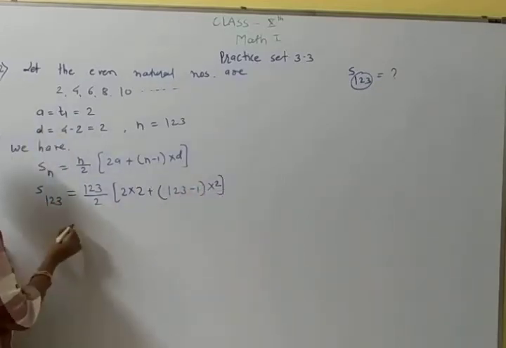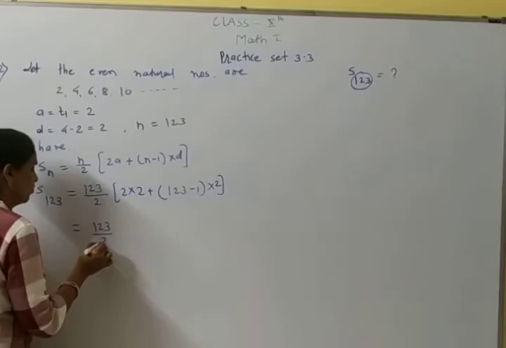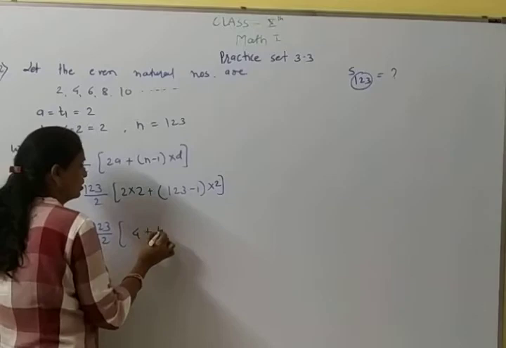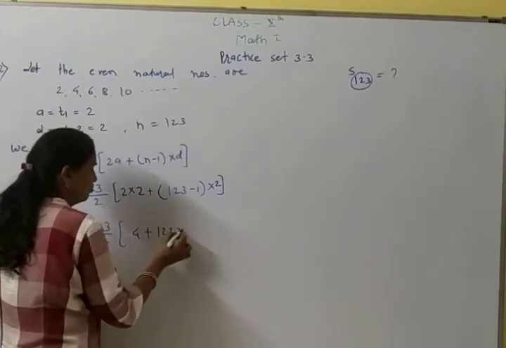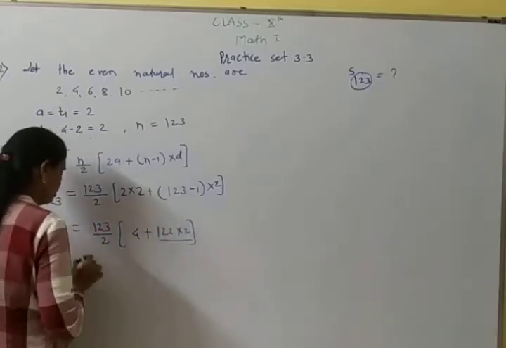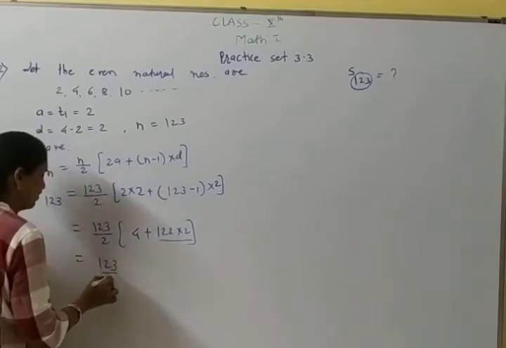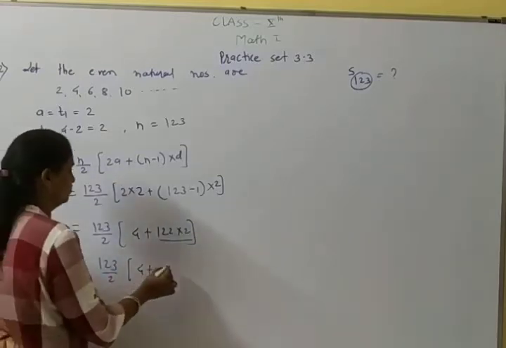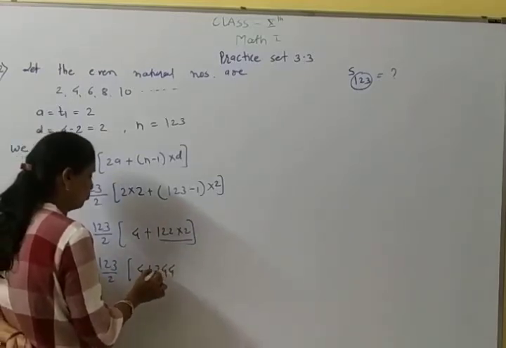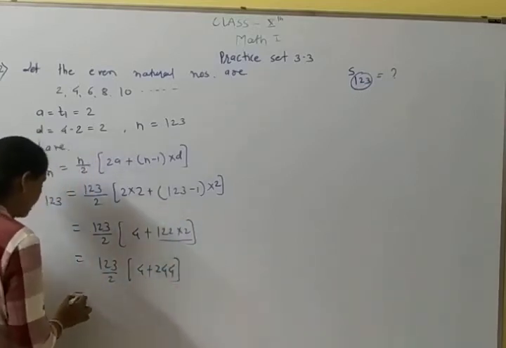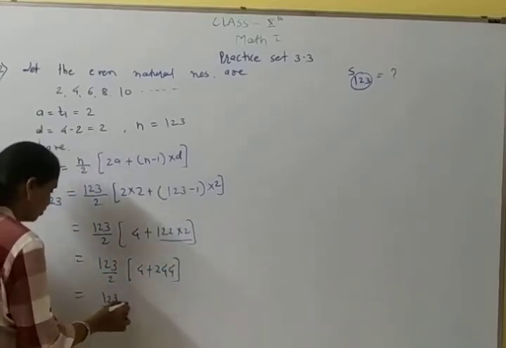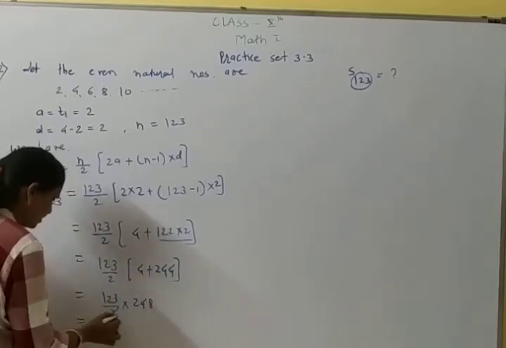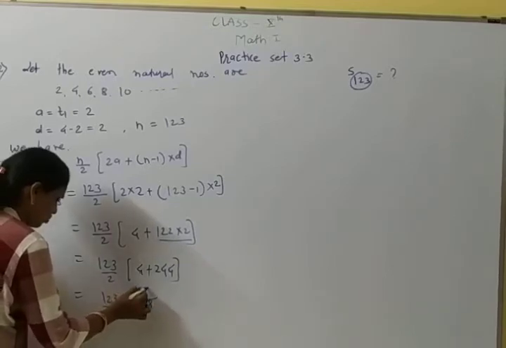Solve this bracket. 123 upon 2 into (4 plus 122 into 2). First solve the multiplication. 122 into 2 is 244. So 123 upon 2 into (4 plus 244), which is 123 upon 2 into 248.